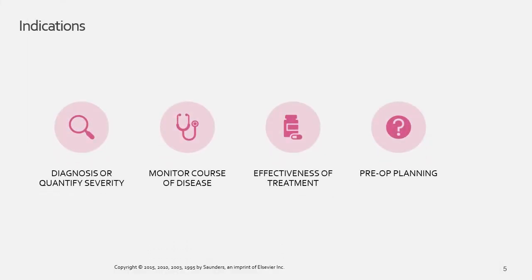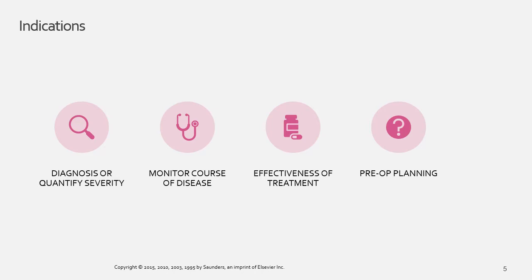Why do we do pulmonary function testing in children, you might ask? Well, one is to diagnose or to quantify the severity of their disease. Another is to monitor chronic disease, such as asthma. A third reason is to see how effective our treatments are. Are the drugs we're giving working?